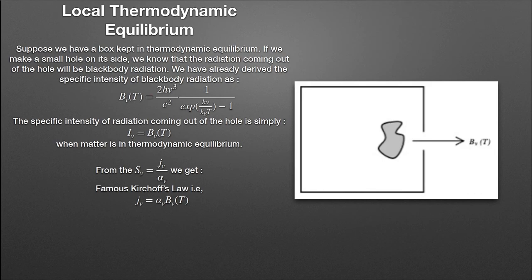This is the reason that for optically thin objects such as cloud clusters or hot gas clouds, we get spectral lines. And if we consider an optically thick object, its specific intensity is directly a function of its source function. For an optically thick object like a compressed mass of hot gases, the radiation depends upon the source function only.